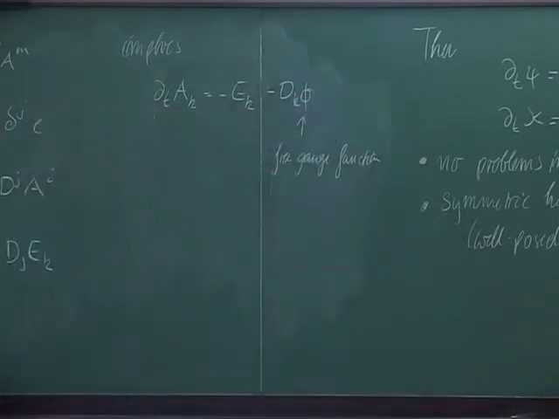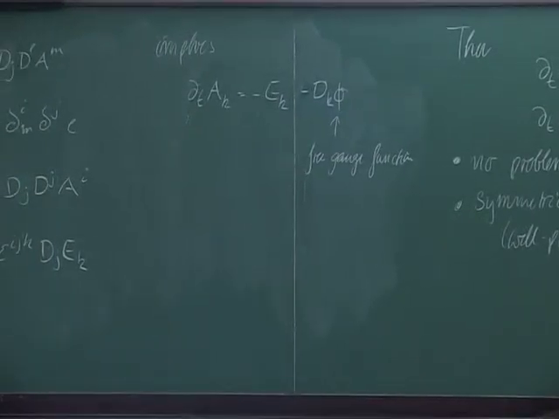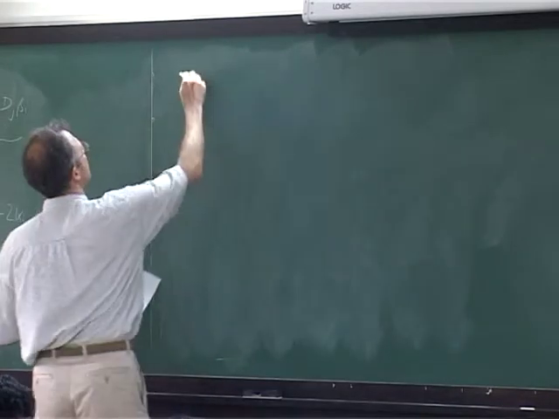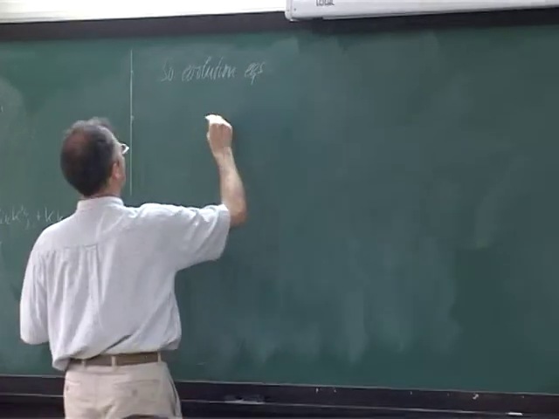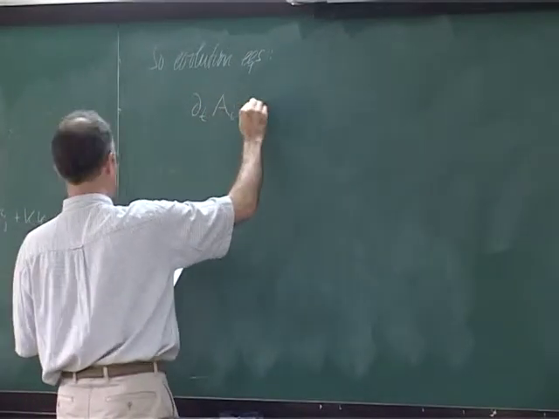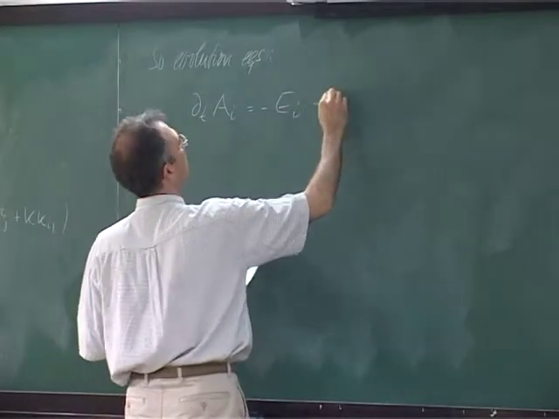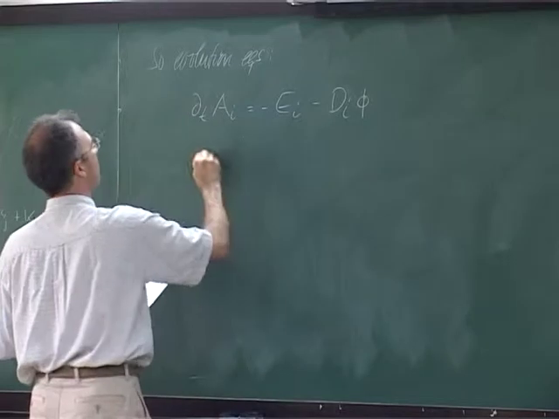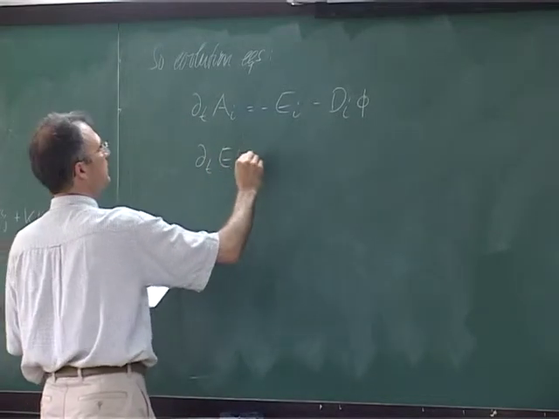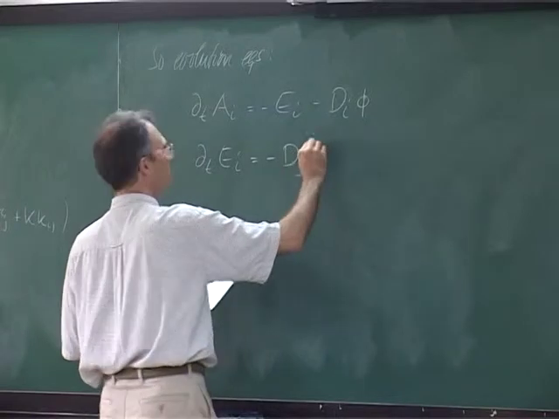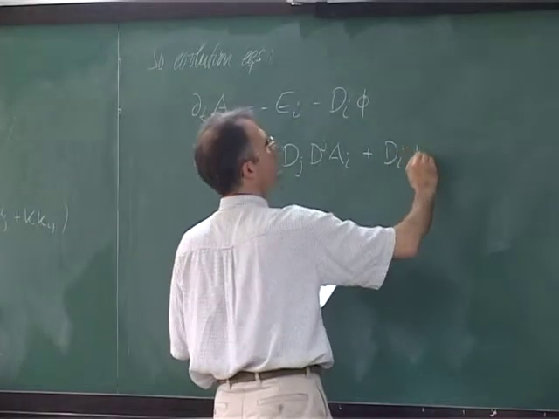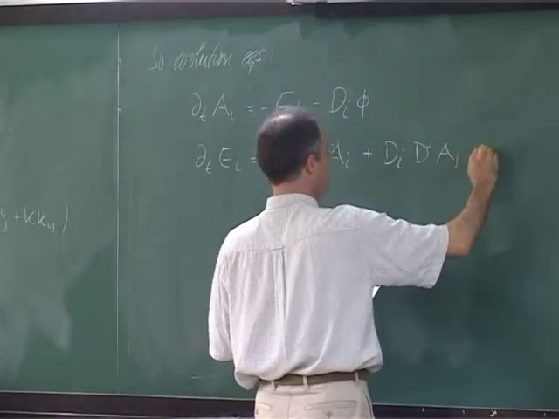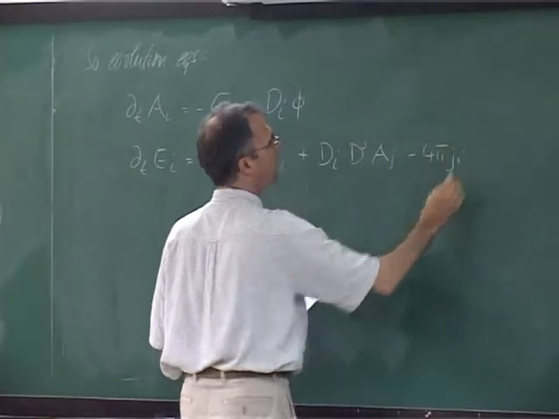So our evolution equations take the following form. Partial_t A_i equals minus E_i minus d_i phi, and partial_t E_i equals minus d_j d_j A_i plus d_i d_j A_j minus 4 pi j_i.